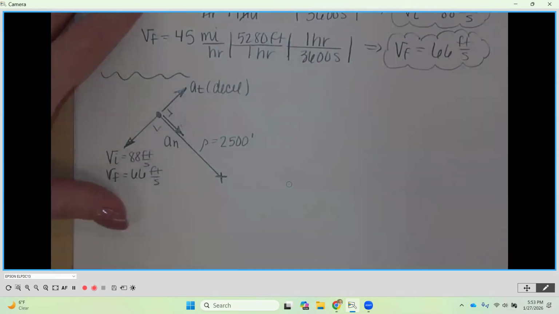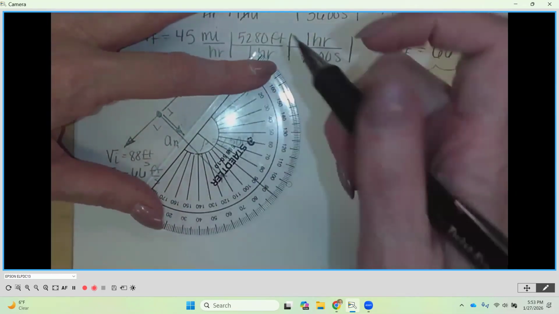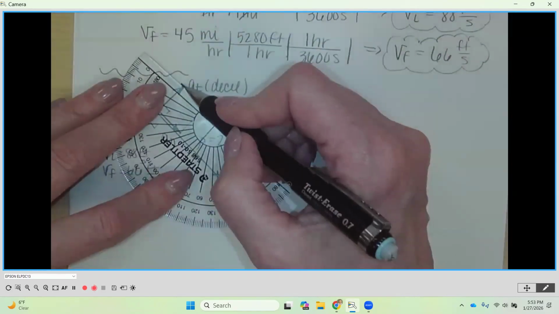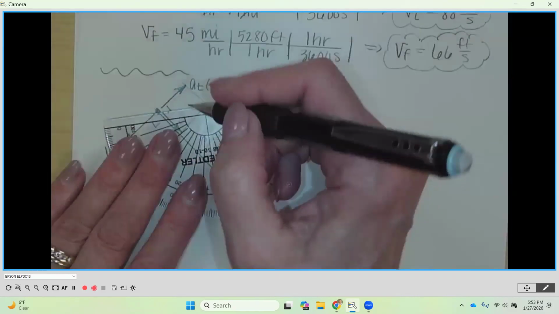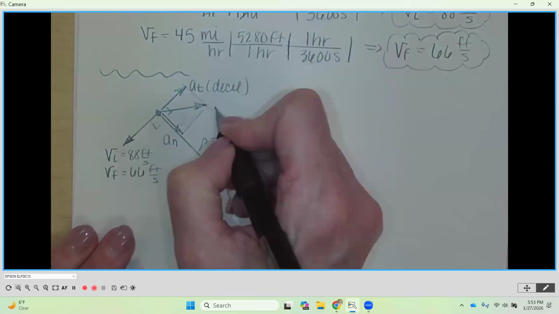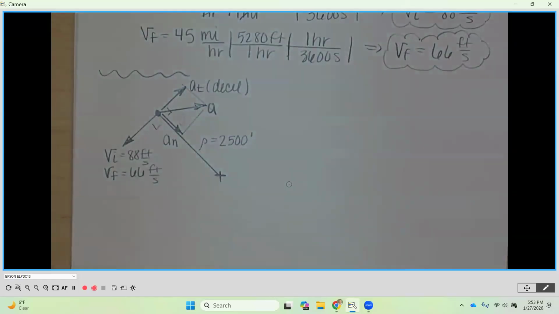So our final acceleration due to the tangential and normal components is going to be the resultant of those two, and that's why we use the Pythagorean theorem form.